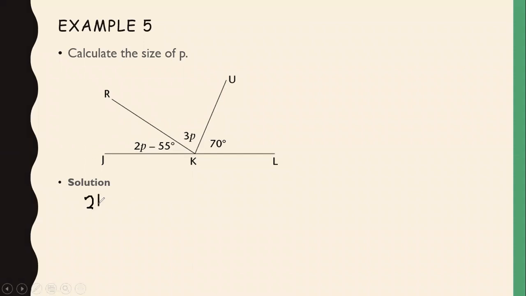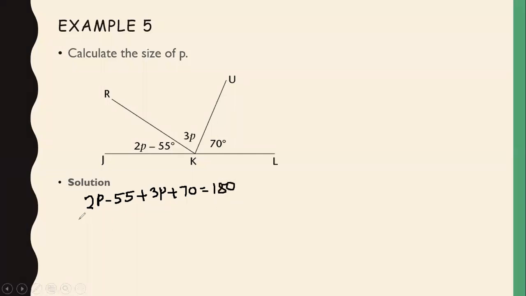So we have 2p minus 55 plus 3p plus 70, and everything will be equal to 180 degrees.